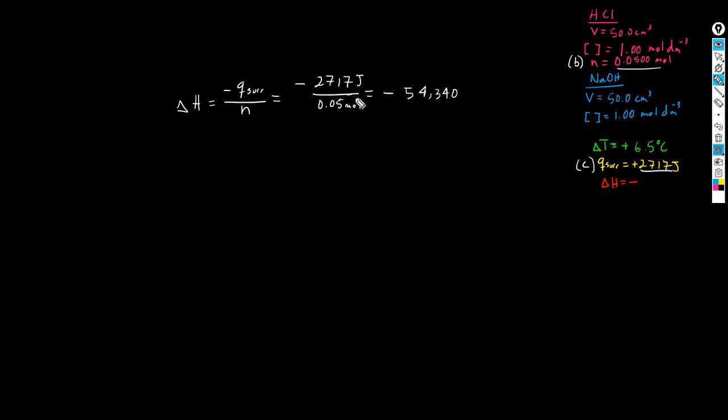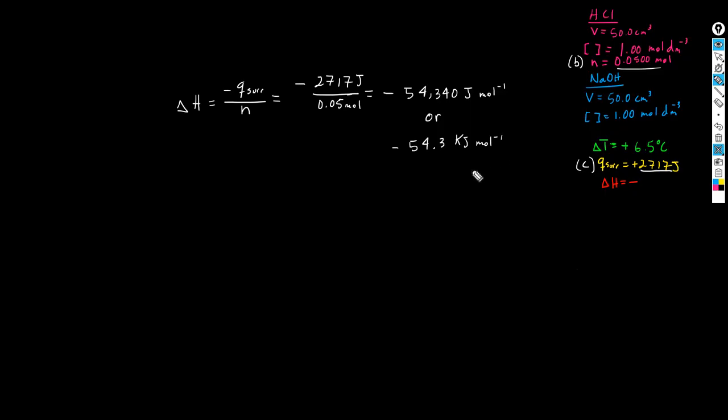And again, we look at our units. Q was in joules, n in moles, so this is in joules per mole. Or if we want to put it the way Cambridge usually puts it, joules mole to the negative 1. Depending on what unit they ask for, if we divide by 1,000, this could be negative 54.3 kilojoules per mole.